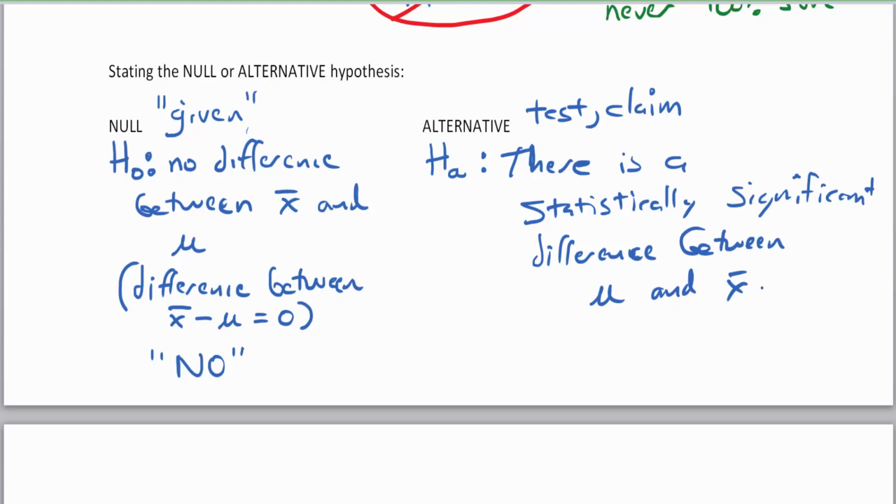Because the sample average should not be wildly different than the average.